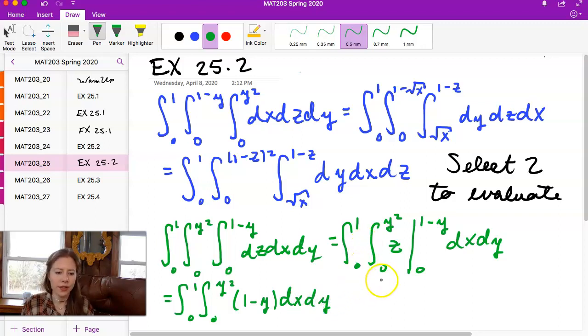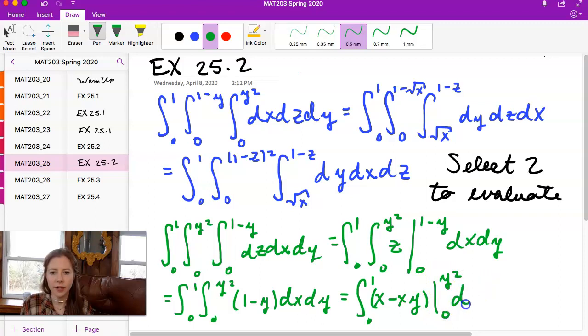And so this is going to become, our y is still from 0 to 1, and integrate dx, you get x, so it's going to be x minus xy. And we're going to evaluate from 0 to y squared, and we still have our dy left over.